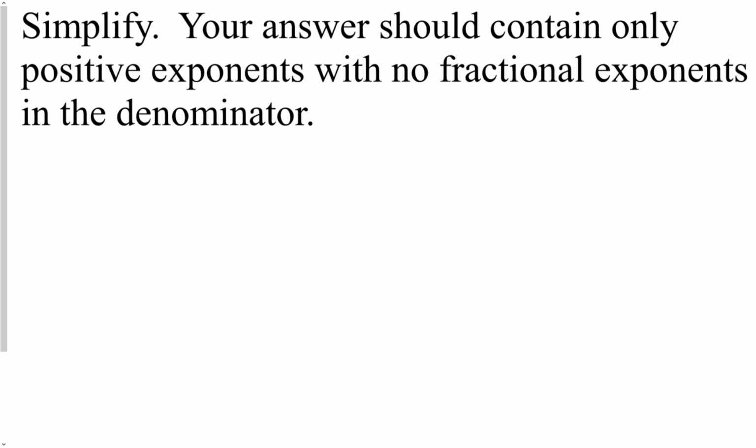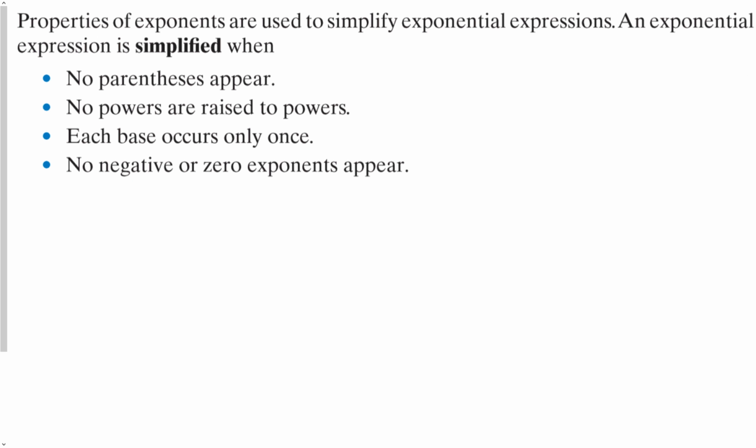So not only do we have to simplify each expression, but we also have to rationalize the denominator if we leave a fraction down there. To refresh our memory, we can use all the properties of exponents to simplify an exponential expression.